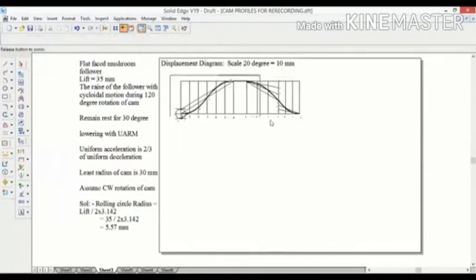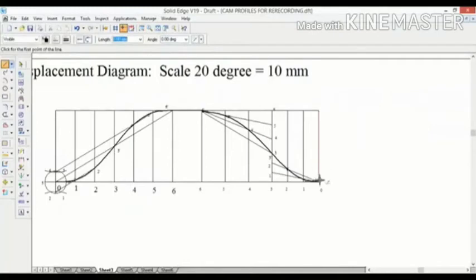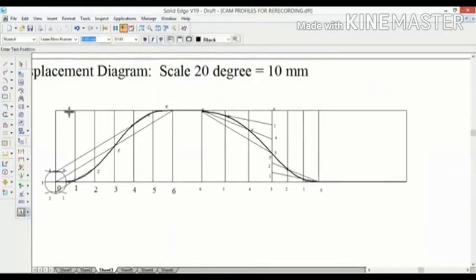So 90 degree divided by scale, we have taken 20 degree equal to 10 millimeters. So 90 degree divided by 20 degree means 45 mm. 45 mm, 0 degree. The lift is 35 mm, and join.